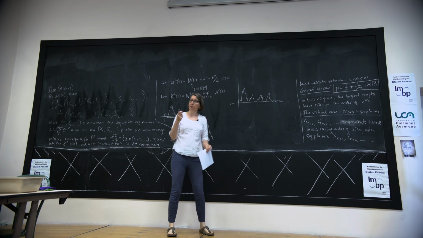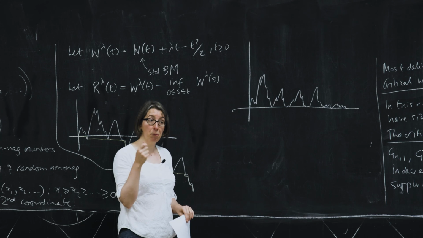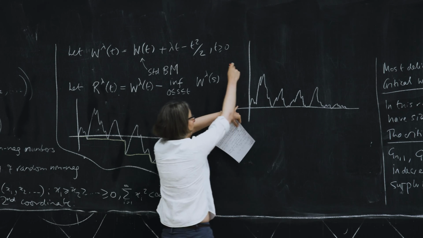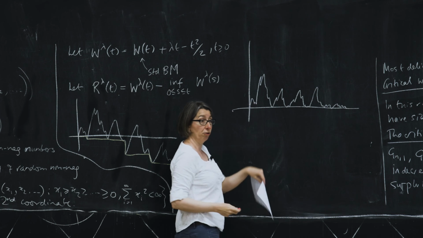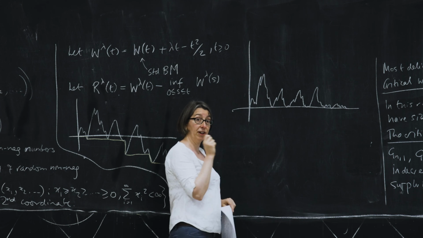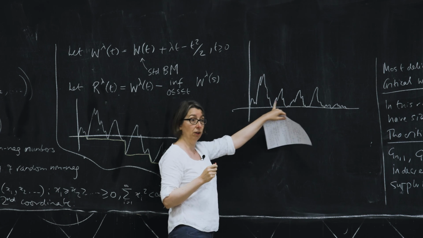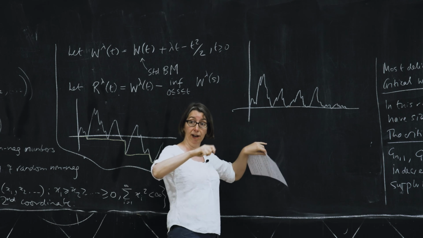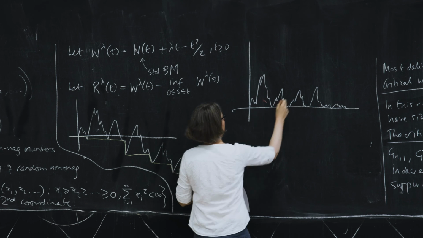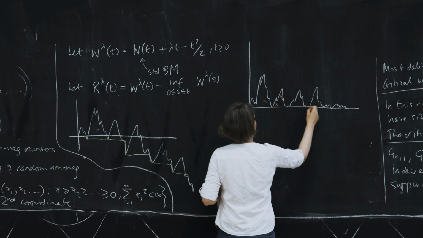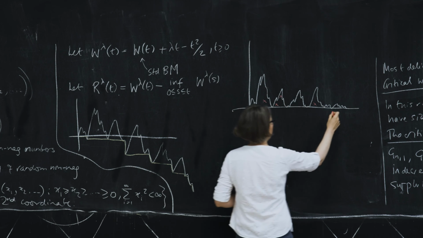So what I'm actually going to do is take a Poisson point process in this upper quadrant, and I'm just going to keep any points that fall under this function here and above the x-axis. That gives me some random number of points in each excursion, maybe 0.